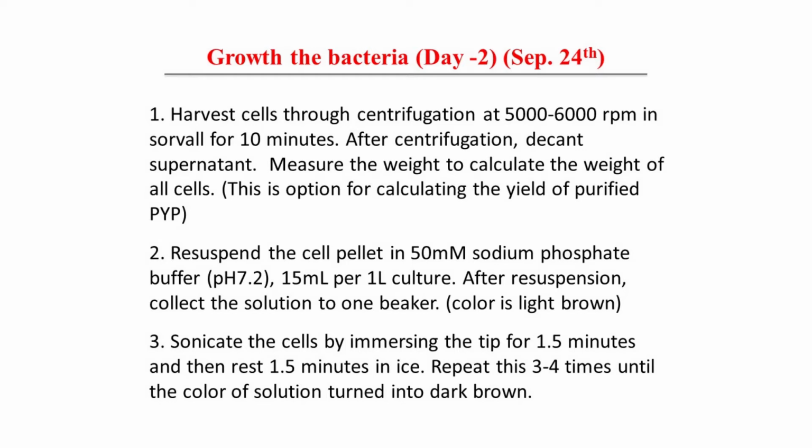Then you use the pipette to stir the pellet of E. coli, resuspending it back into the solution. Imagine some sugar powder at the bottom: you stir it, and it goes back into the solution again. This is called resuspension. Collect the solution in one beaker.